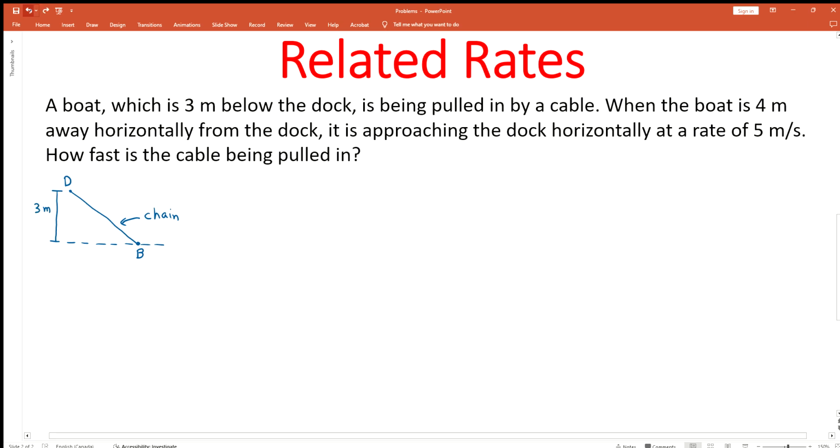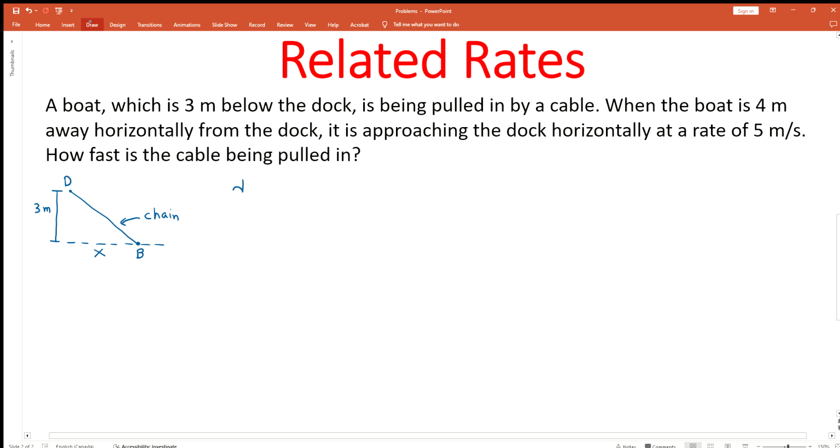Let's assume at any point in time the boat is at a distance x horizontally from the dock, and as per the problem the boat is approaching the dock horizontally at a rate of 5 meters per second when the boat is 4 meters away from the dock.